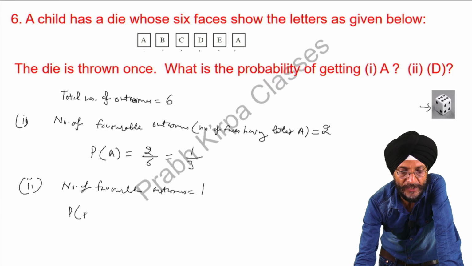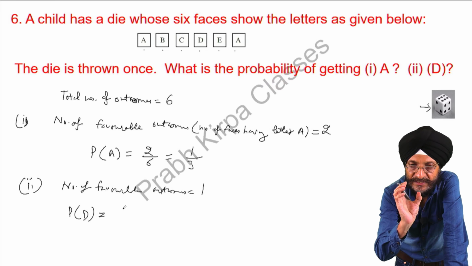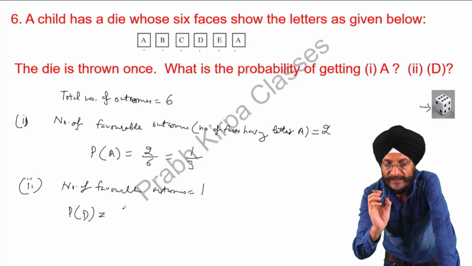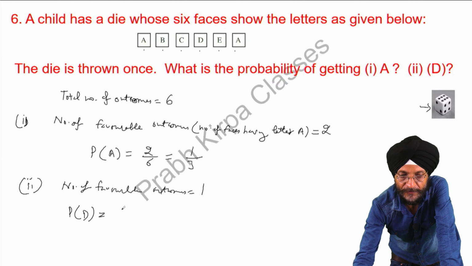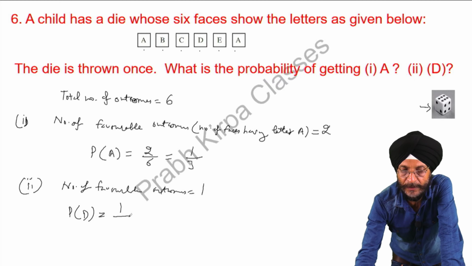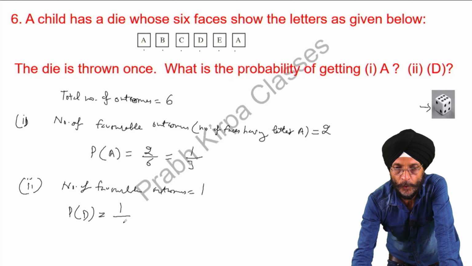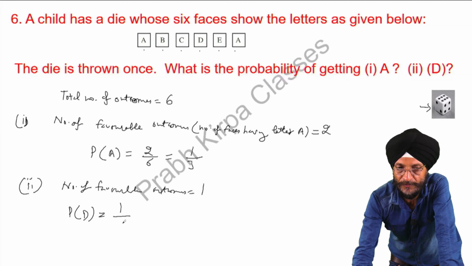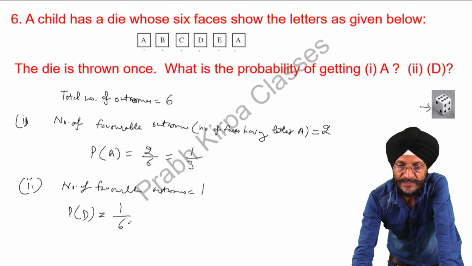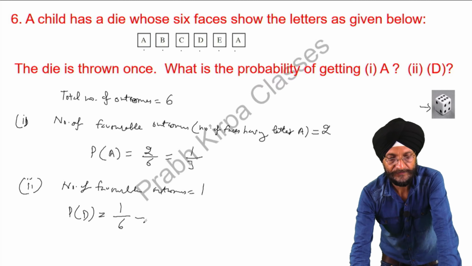What is the probability of getting a face with the letter D? Here we write the number of favorable outcomes, that is the number of faces having the letter D, divided by the total number of faces or total number of outcomes, which is 6. So this is the answer of the second part.